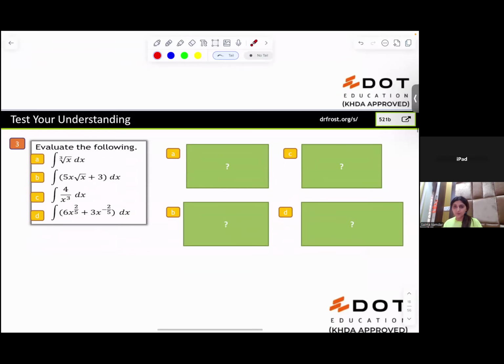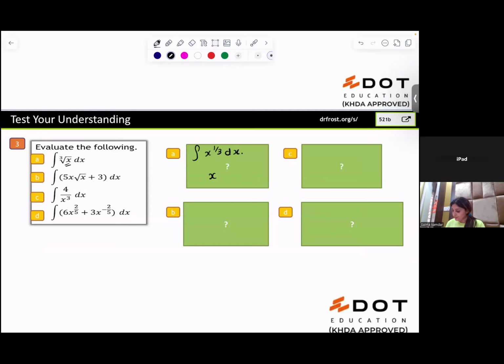So, I hope you've done this. Let's quickly discuss this part. Okay, I'm only discussing, then you can see your answer. Root x, first you will ensure that it is in the indices form. Okay, so I'm going to integrate. I'll convert it into indices form. Now I'm ready to integrate. Add 1 to the power.